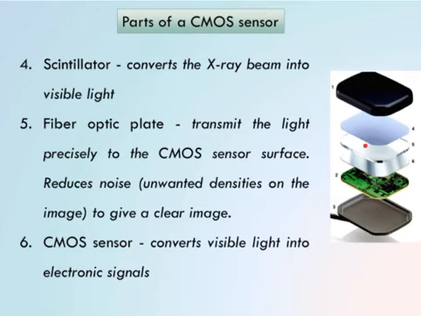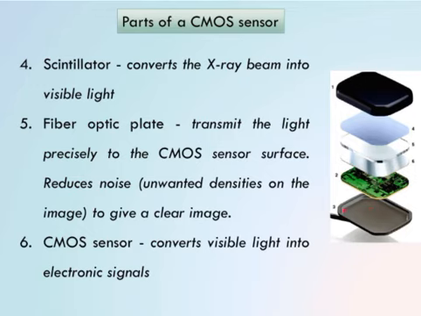At the region of the fiber optic plate, only visible light is allowed to pass through and the X-rays are prevented. Then from there, the visible light reaches the sensor. So in the sensor, they are converted into electronic signals. So electronic signals, they are taken up by this electronic substrate, which helps in the transmission of the signals to the computer.